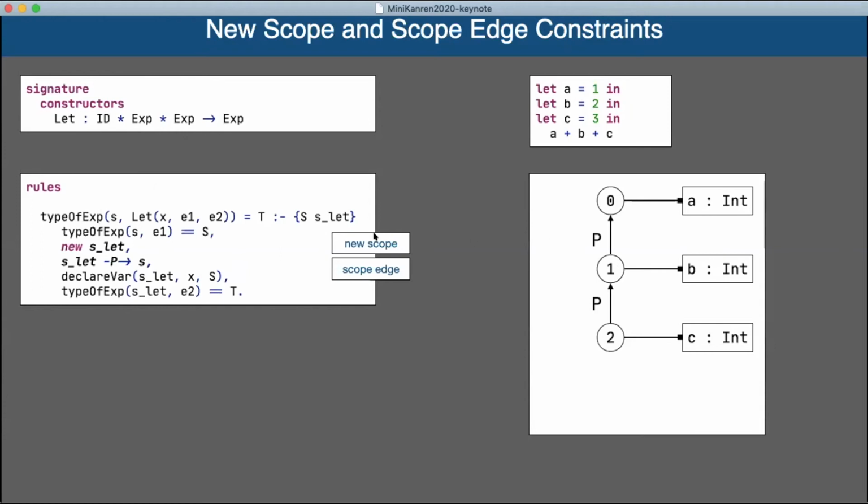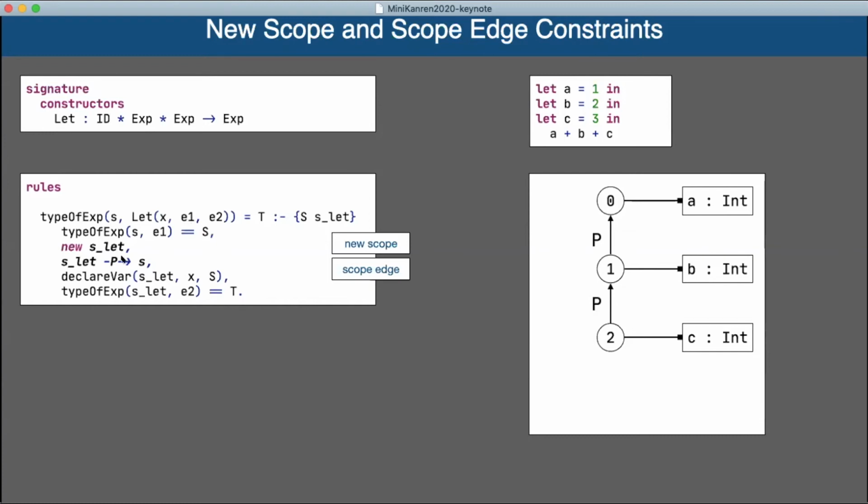So how do we define the type of X predicate for let bindings? Well, we want to find out what is the type of the initializer expression E1. And we do that in the current scope, right? So we want to find out what the type of this expression is in the scope before we define A. Then we introduce a new scope, a let scope, and we introduce an edge in the scope graph from the new scope to the parent scope.